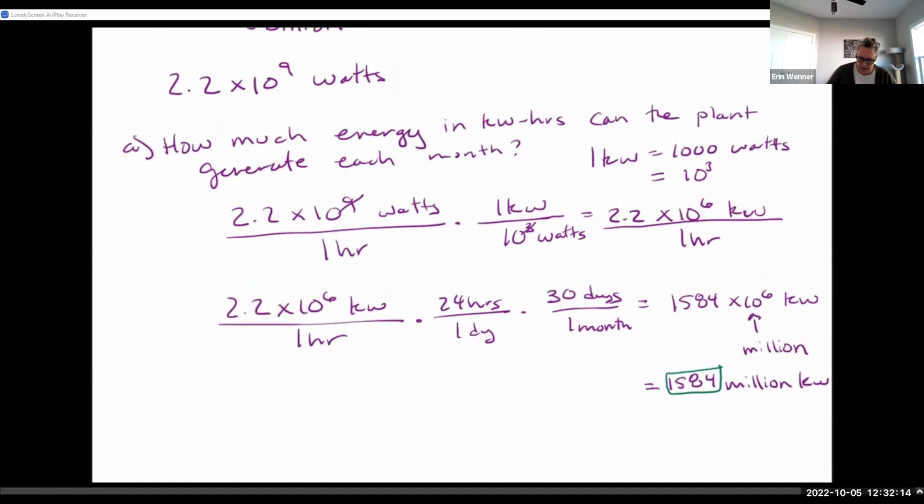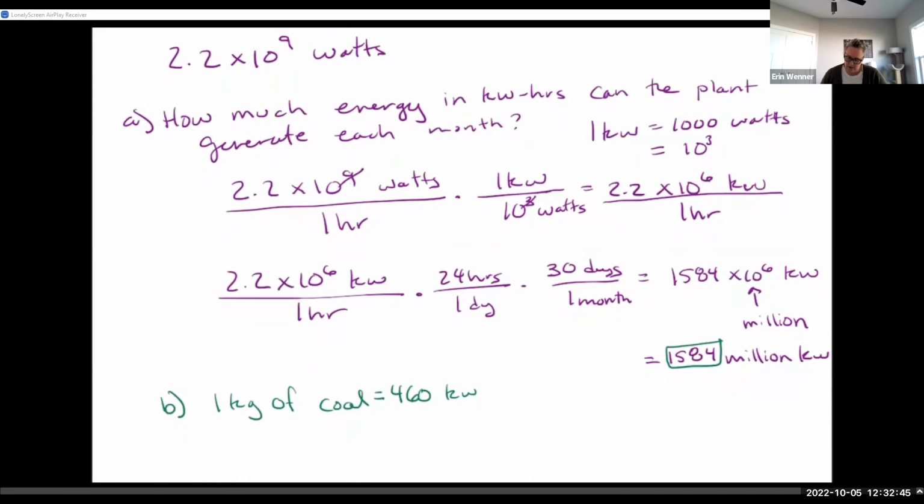So then part B says how much coal in kilograms is needed by this power plant each month. So for part B, we have to go back to the problem, and it says burning 1 kilogram of coal yields about 460 kilowatt hours of energy.